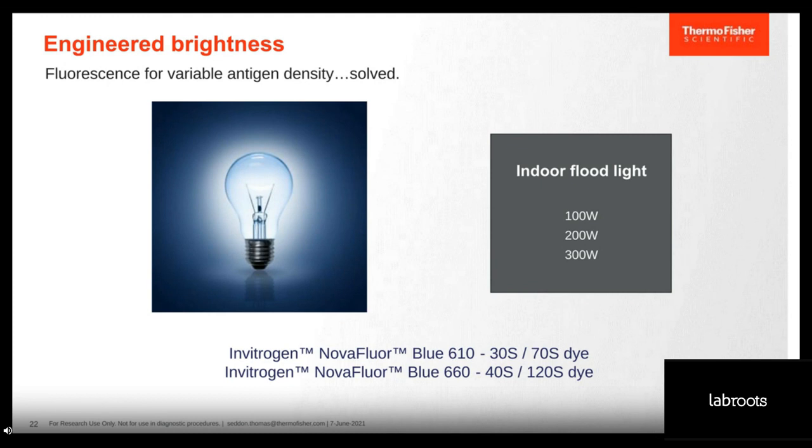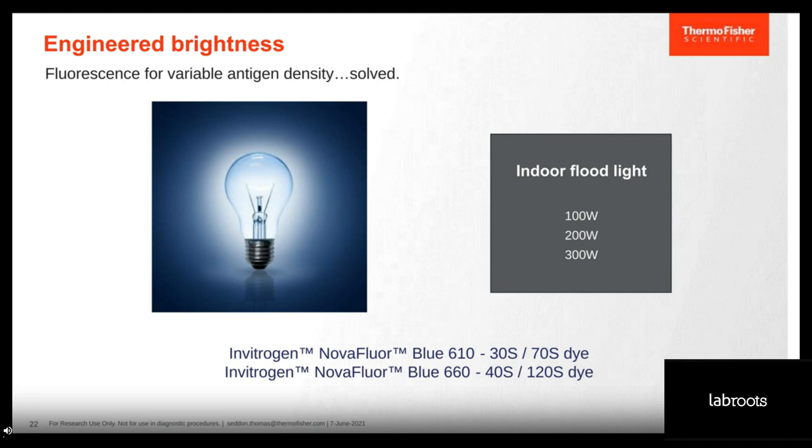And so another way that we can also build out brightness is actually changing somewhat the idea of what dyes are there and looking more specifically. So if you take this analogy of engineering for brightness with a light bulb, you would have 100 watt, 200 watt, or 300 watts in terms of being able to change the same light. And so the same idea of being able to measure here.